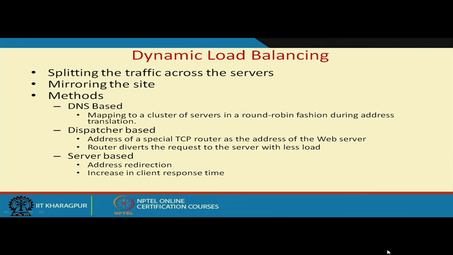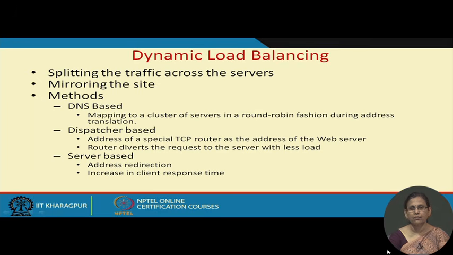Second one is dispatcher based mapping. In that case, the address of the website is assigned to a special router. We are going to talk about the router, but a router is a network device through which the server will be communicating, so the server will be connected to the internet.